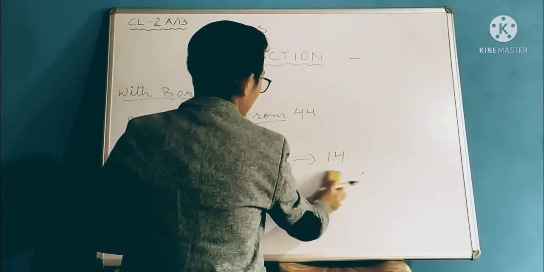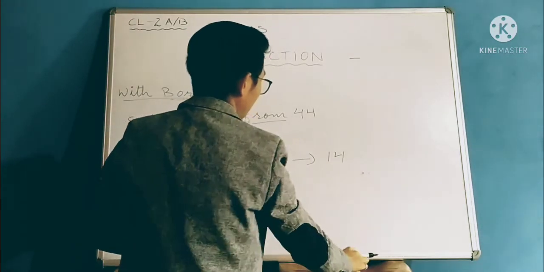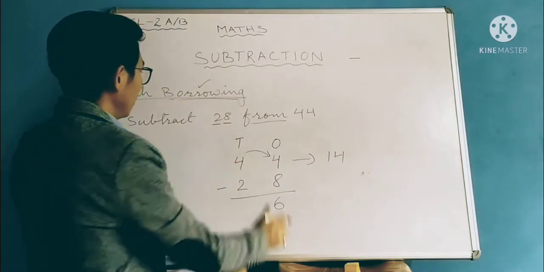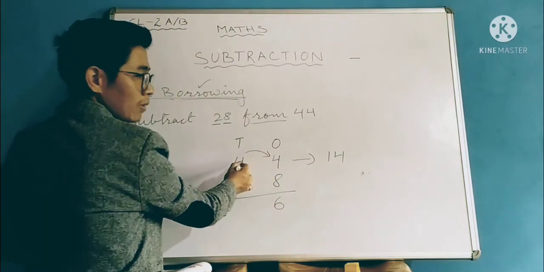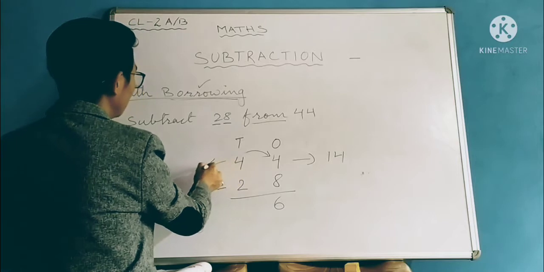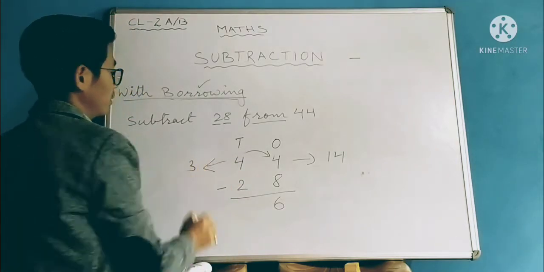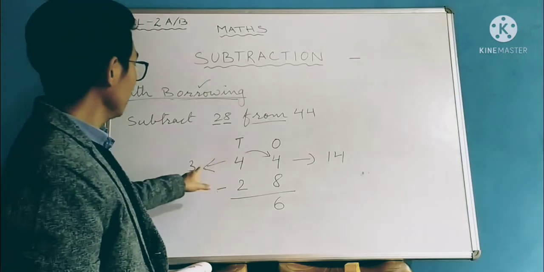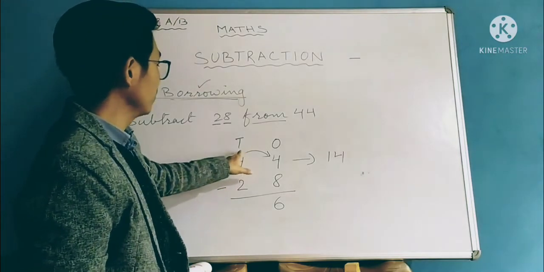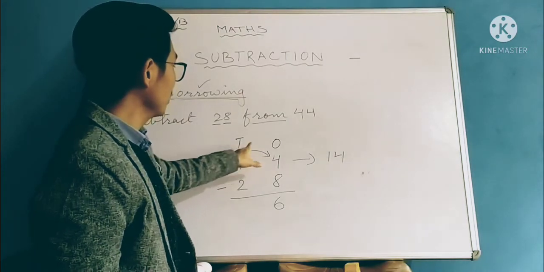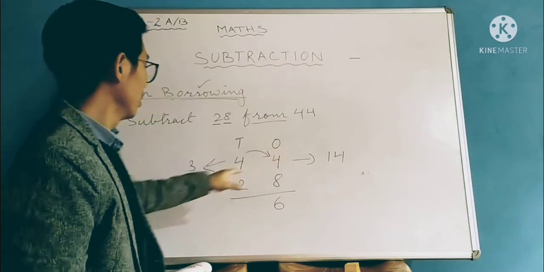I'm writing this just to make you understand. We have already borrowed a number from here. So which number is left here? 3. Why 3? Because we have borrowed a number from tens place to ones place.